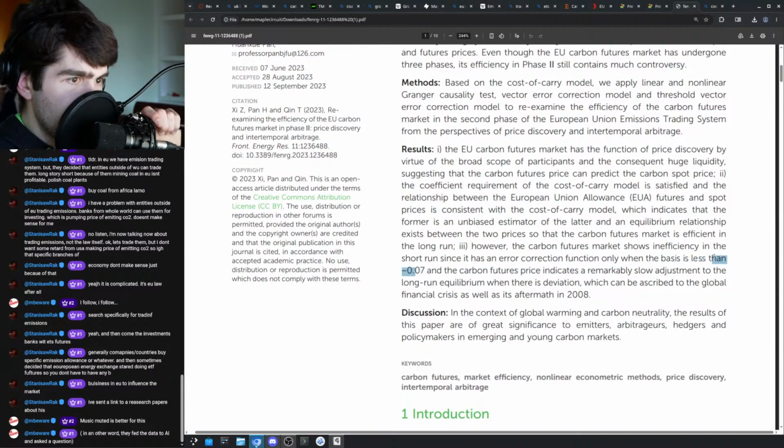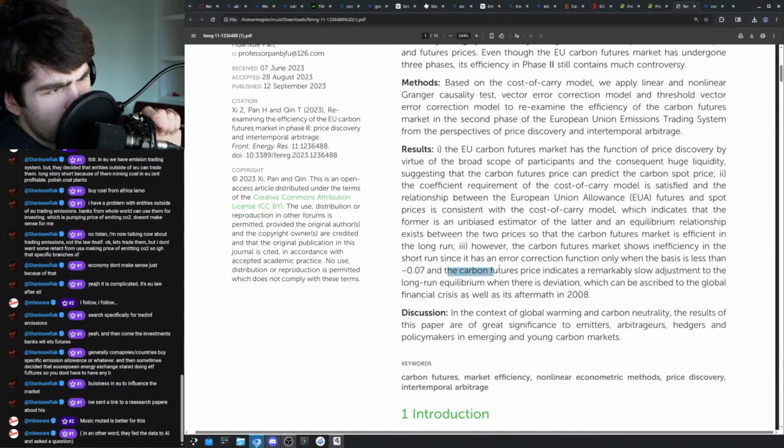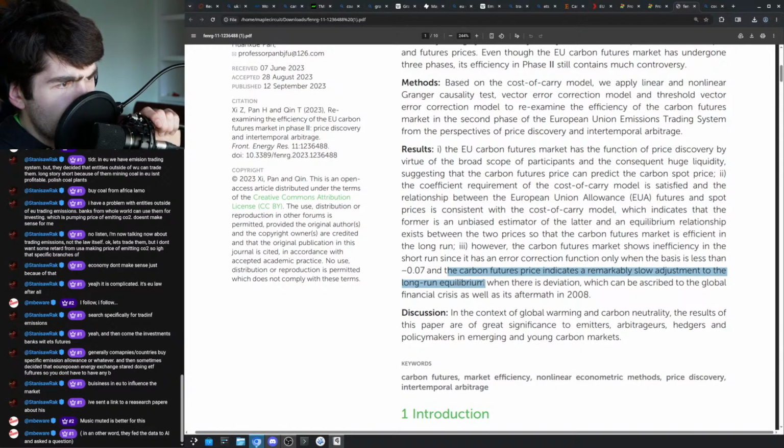I have no clue what they mean by this. Do they mean that the price will move only when the change is greater than this? Wait, what? And the carbon future price indicates a remarkably slow adjustment to the long-run equilibrium when there is deviation.